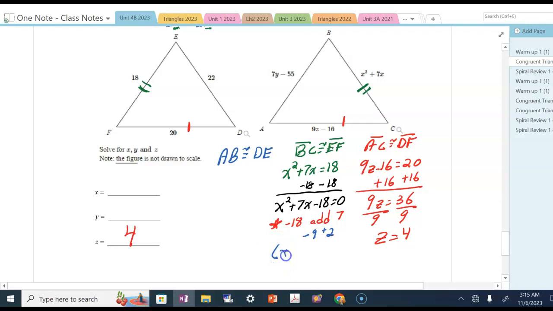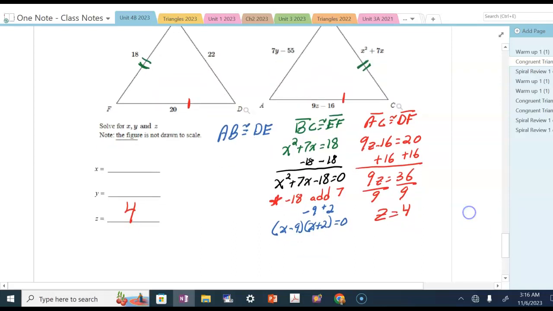So then this factors to x minus 2 times x plus 9 is 0. Then you set both parts equal to 0, so x minus 9 is 0, or x plus 2 is 0. So you add 9, so x is equal to 9. Subtract 2 on the other equation, so x is equal to negative 2. So there are two answers for x.